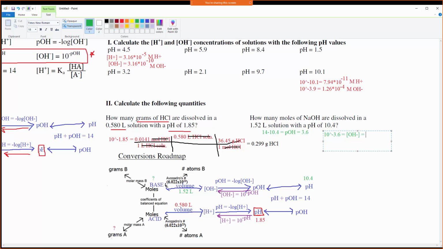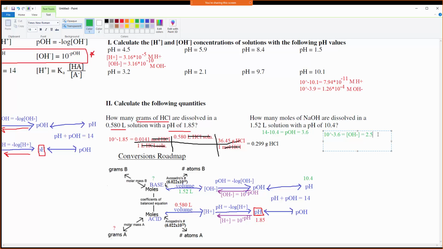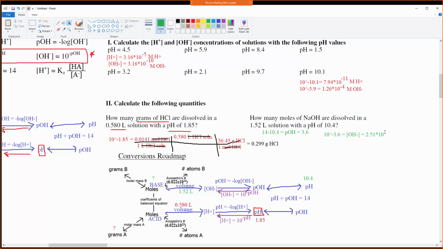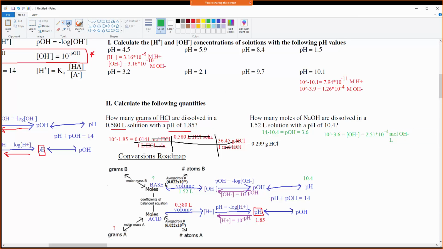which is in moles per liter. So 10 raised to negative 3.6 gives me 2.51 times 10 to the minus 4. And the units here is molarity, which is moles per liter. And specifically, since I'm in my base here, it's moles of my hydroxide per liter of that hydroxide solution, right?